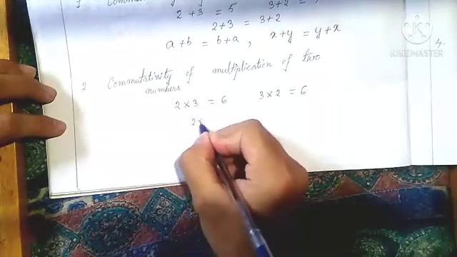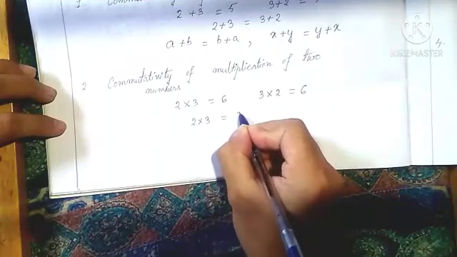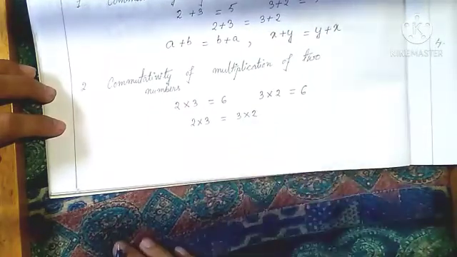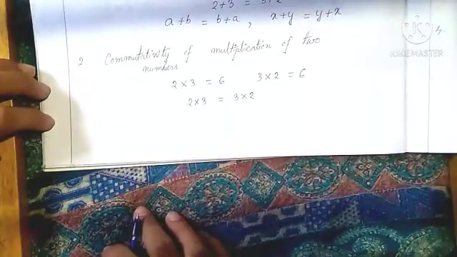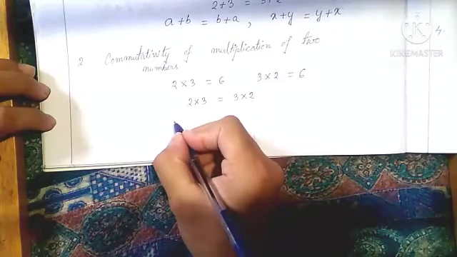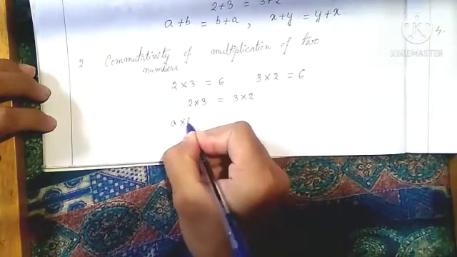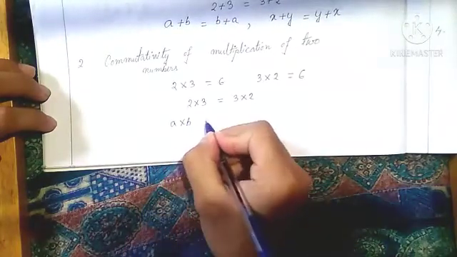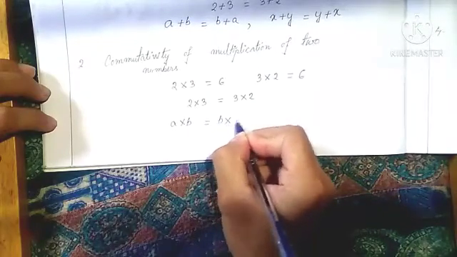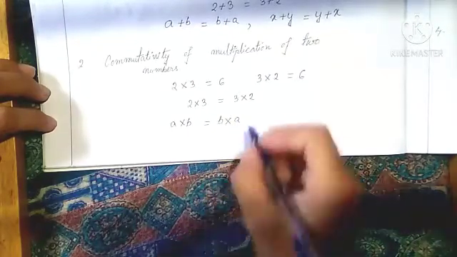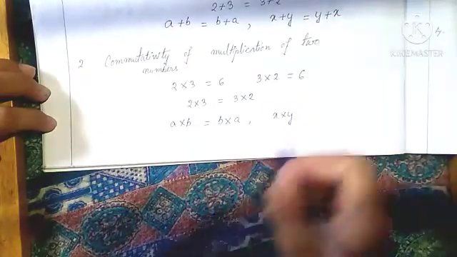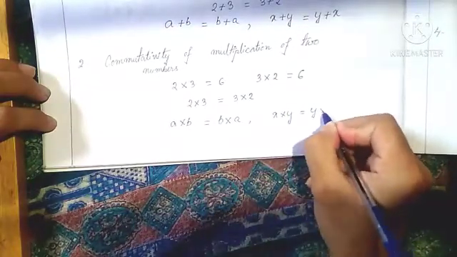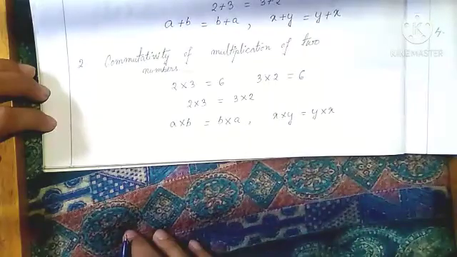So 2 into 3 is the same as 3 into 2. Here also, instead of the numbers 2 and 3, let us use variables. Simply, a into b will be equal to b into a. Or x into y will be equal to y into x.